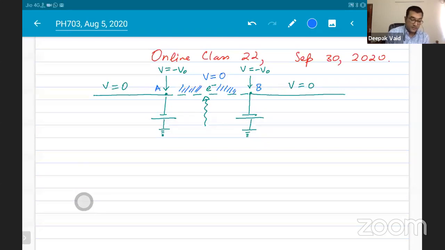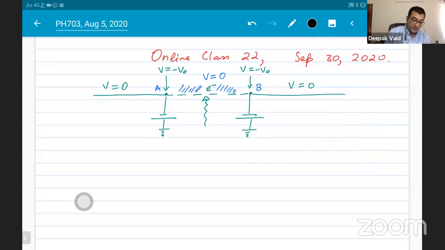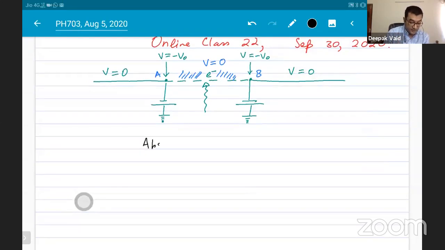Now it's important to keep in mind that when we talk about potentials, it does not matter what your absolute value of a potential is. Absolute values of potentials don't matter. They don't have physical significance, right?